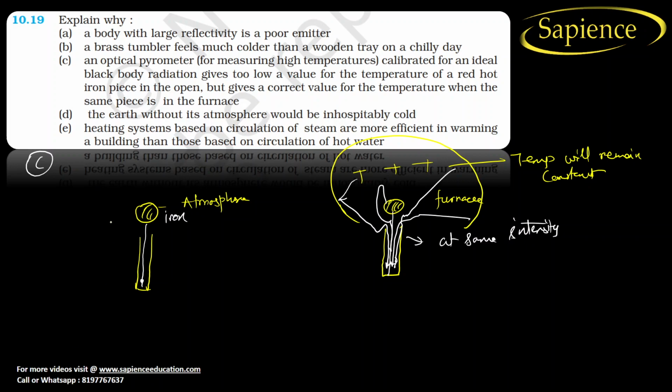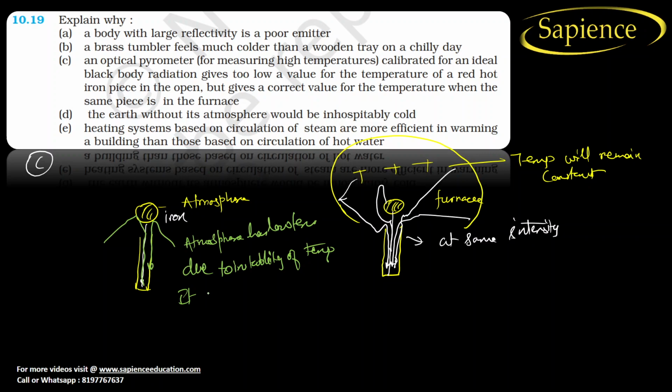For example, there may be reflection from the atmosphere. The atmosphere has low temperature, so due to instability of temperature, it is unable to record the temperature properly.